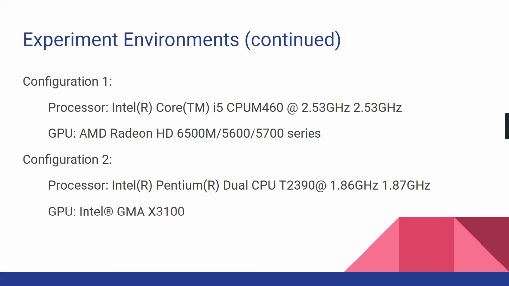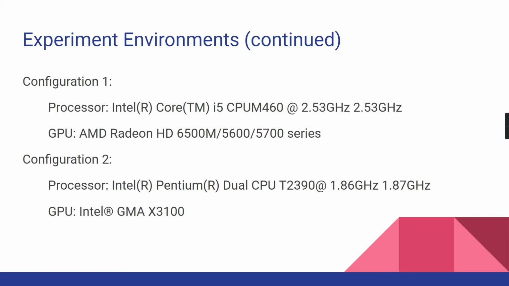The GPU used for this configuration was the AMD HD 6500M, or the 5600, or the 5700 series. This is what they mentioned in there. I don't know that they knew what the GPU in this processor was, and that was just the name of the graphics driver that they found, which is unfortunate.